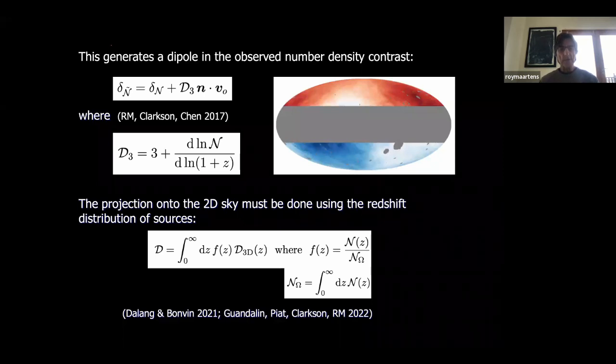So I've shown D, which is the two-dimensional dipole. It is a radial integral against redshift with a weighting factor f of z times the three-dimensional dipole that is shown above.